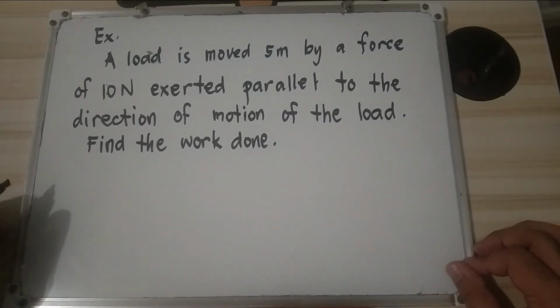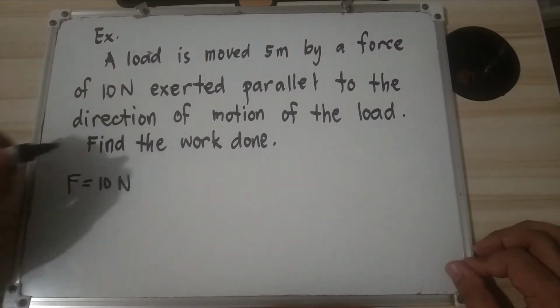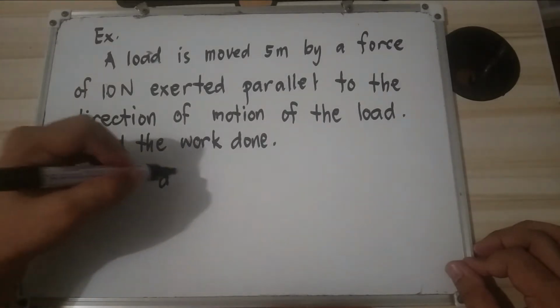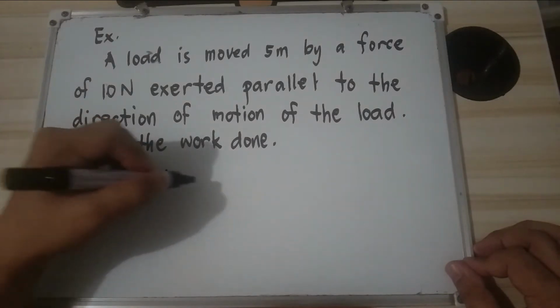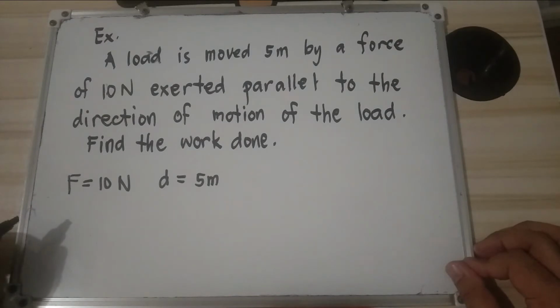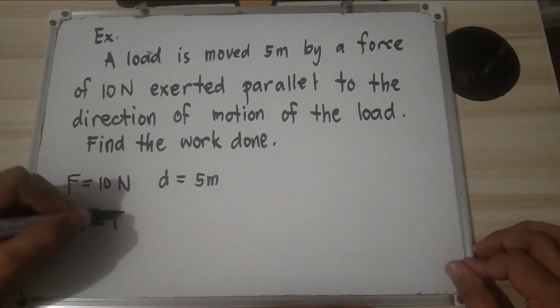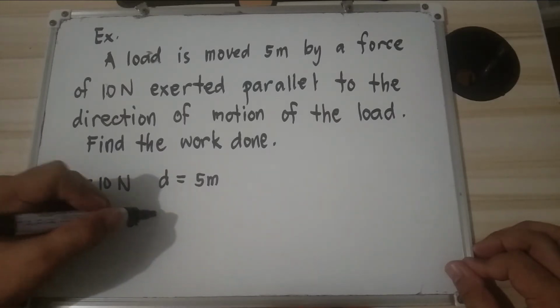So given our force, which is 10 newtons, and distance, which is 5 meters. So we're asking for work done. Formula, work is equal to force times distance.